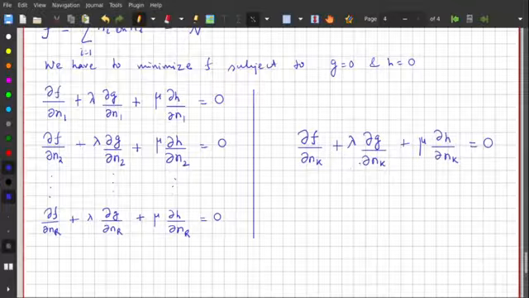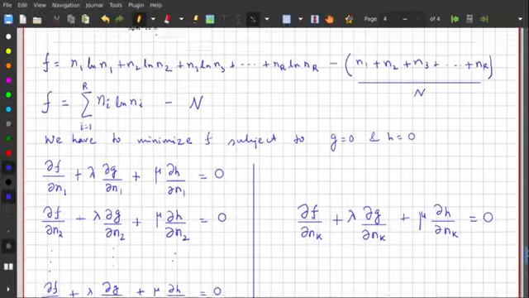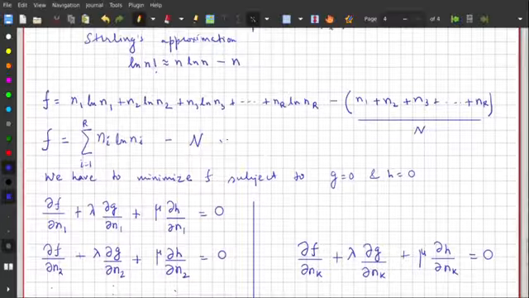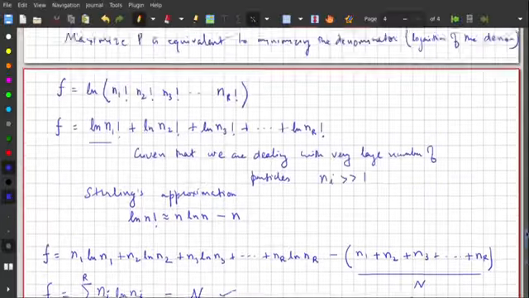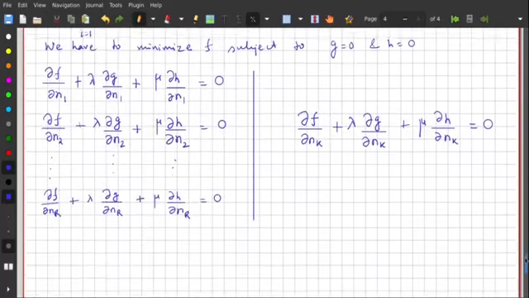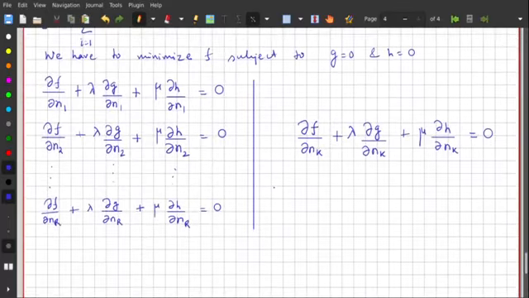Okay, so now if we use the individual values for f, g and h, let's compute each of these derivatives. So let's compute partial f partial nk.